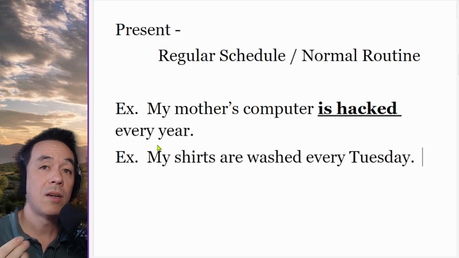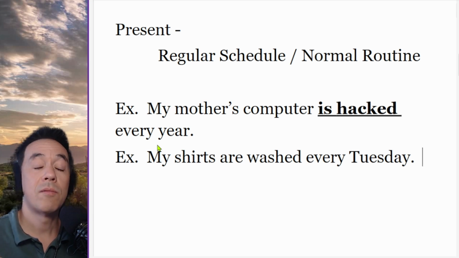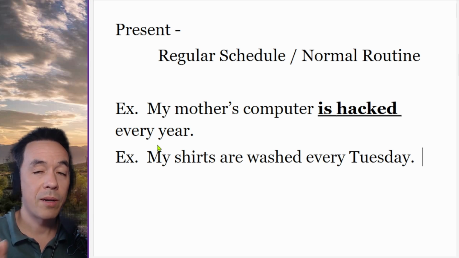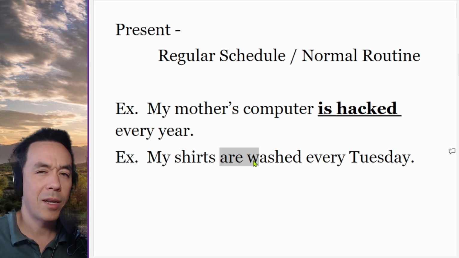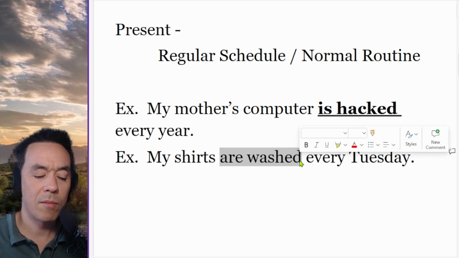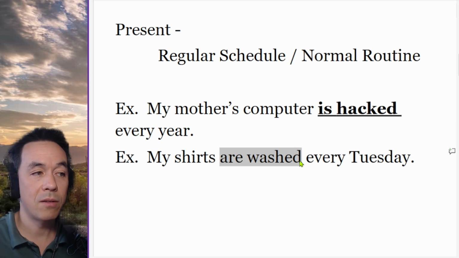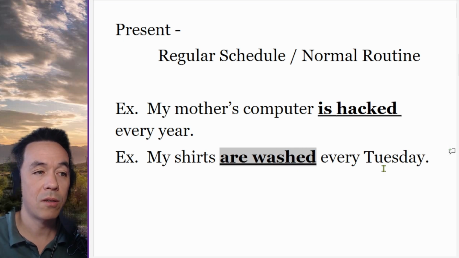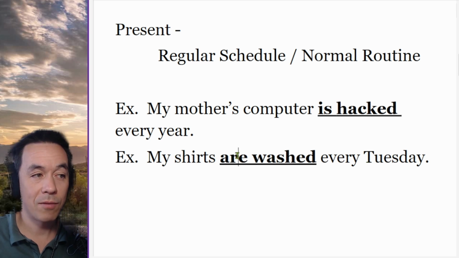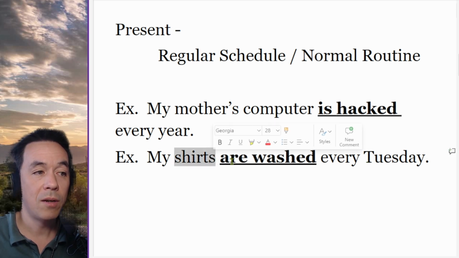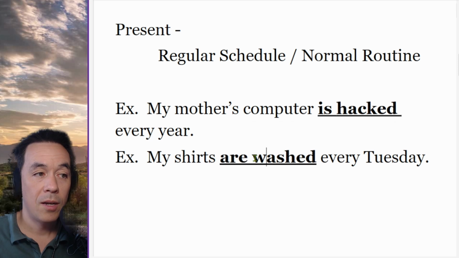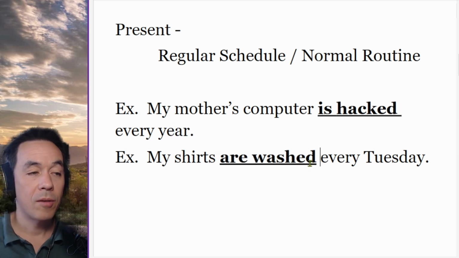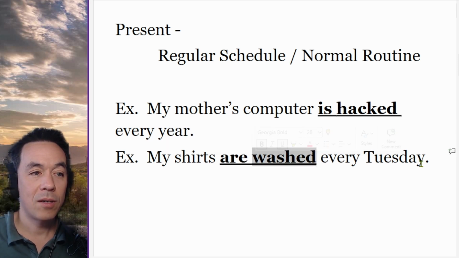A company, a shop, somebody, not me. But I want to communicate to you that it's not me, and don't worry who. But my lifestyle is shirts are washed every Tuesday. Again, the noun is plural, so it's are, and then washed. Okay, that's past tense.